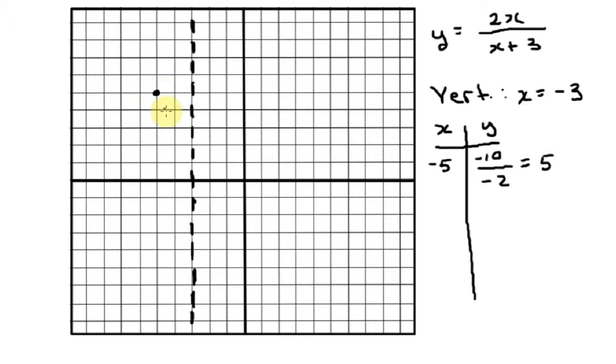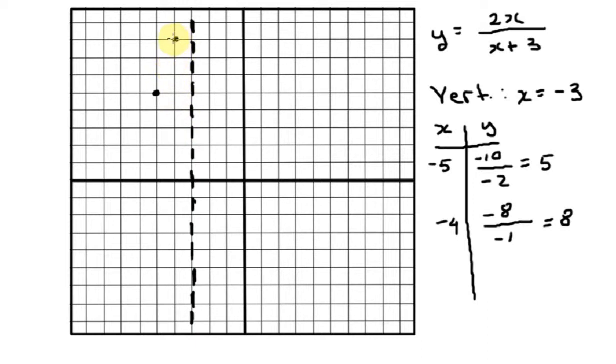Let's try, what about if we're a little bit closer with, say, -4? If I put -4 in, I will get on the top 2 times -4, which is -8, divided by -4 plus 3, or -1. So we get +8. So -4 is up 1, 2, 3, 4, 5, 6, 7, 8.